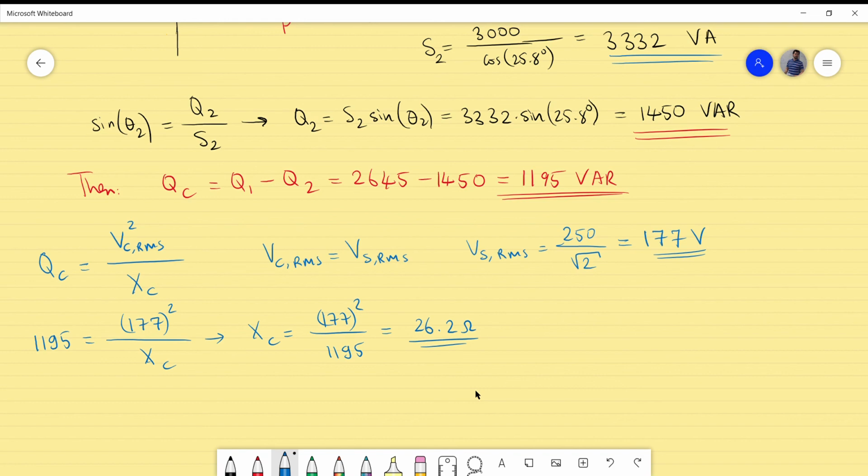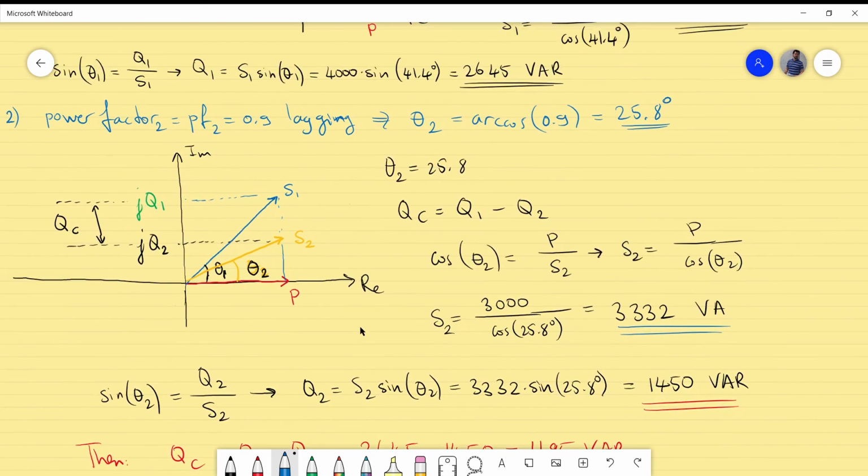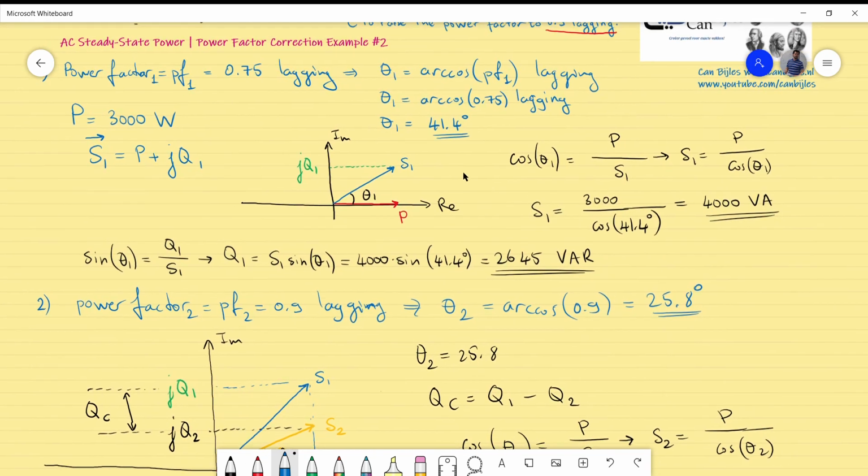Okay, and since we know that the formula for the capacitor reactance is 1 over omega C. Again, we are almost done, because if I rewrite this in terms of the omega and the XC, this will be C is equal to 1 over the product of the omega and the XC, and the omega is given, which is 400. You can see it here because it's given.